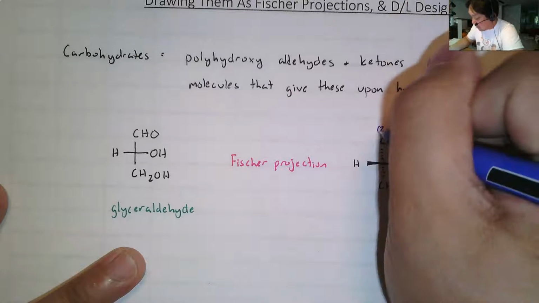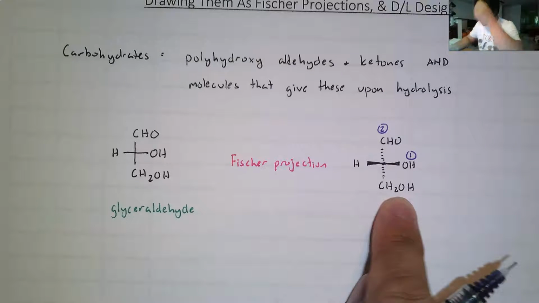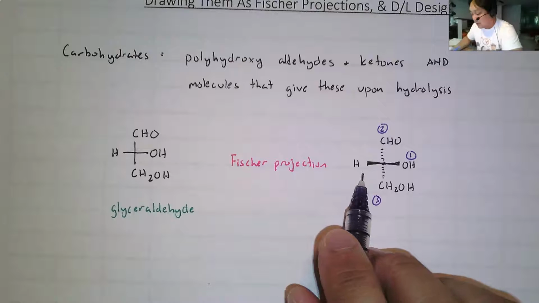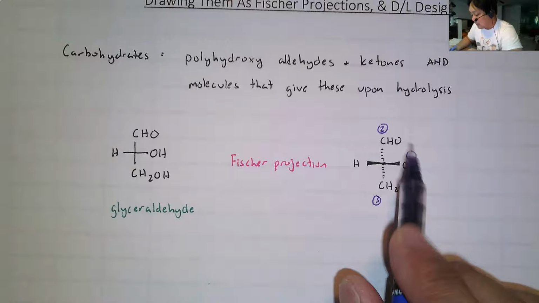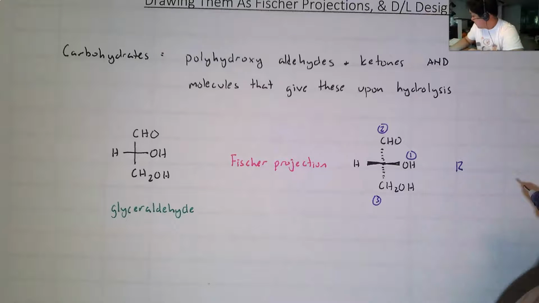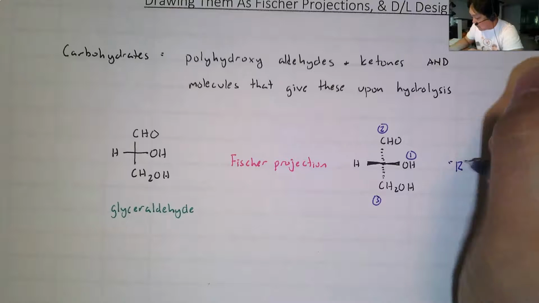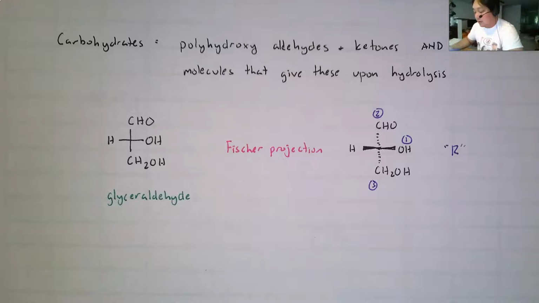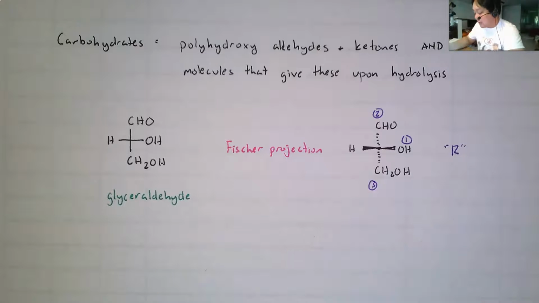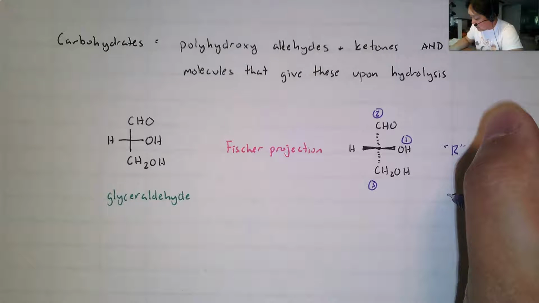Priority number 3 is this CH2OH, but H is towards us. So I like to say it looks S, but it's actually R. The chemists know this as an R stereochemistry. Biologists know this as D.